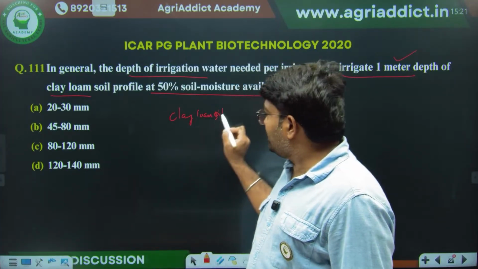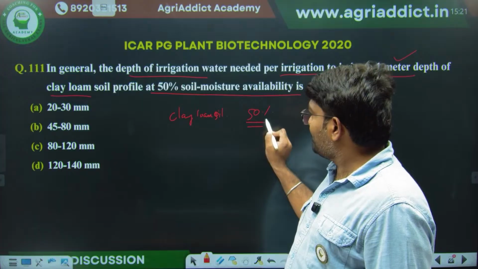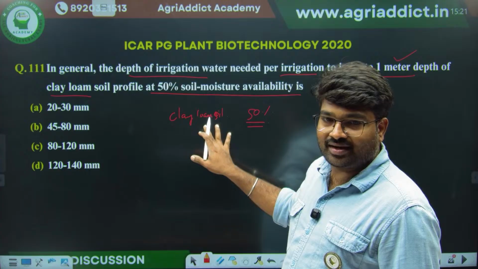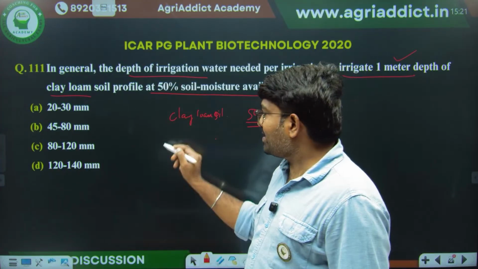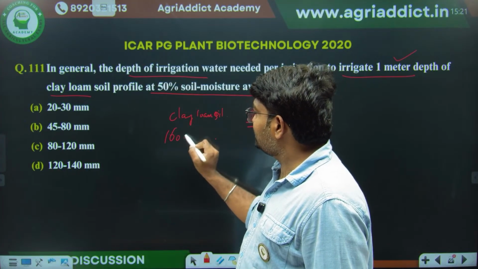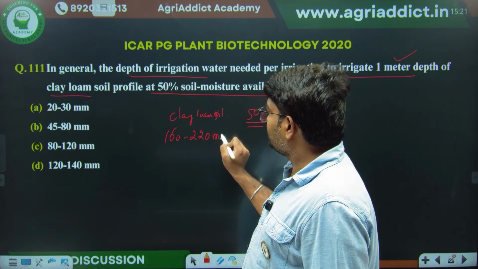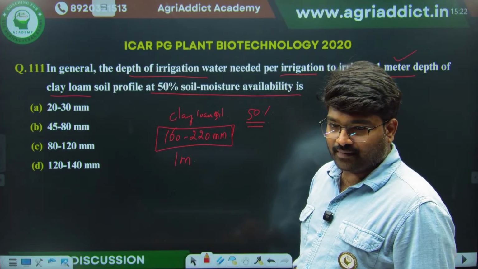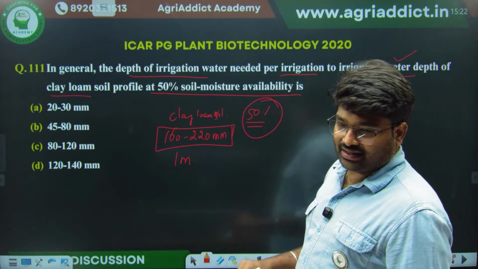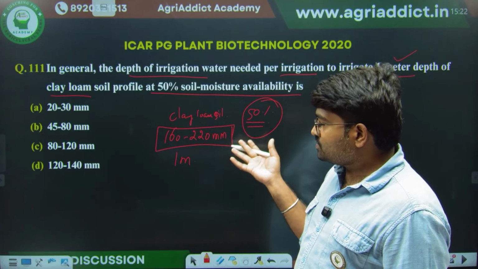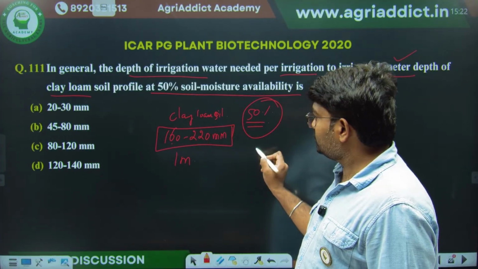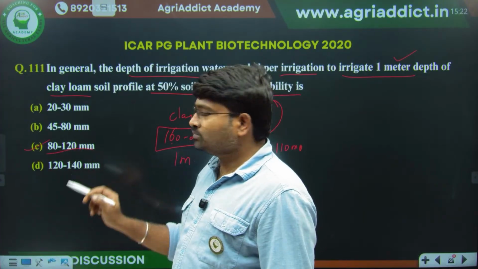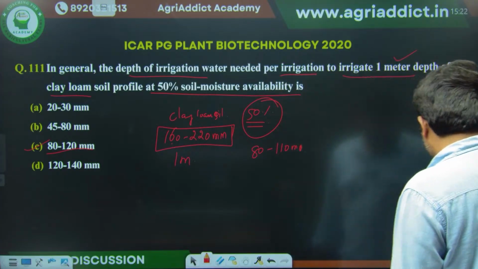Generally, clay loamy soil will have a maximum water holding capacity of 160 to 220 mm for 1 meter depth. They are saying 50% of moisture content, so half of this. So 80 to 110 mm will be there. Most appropriate is 80 to 120 mm. Clear.